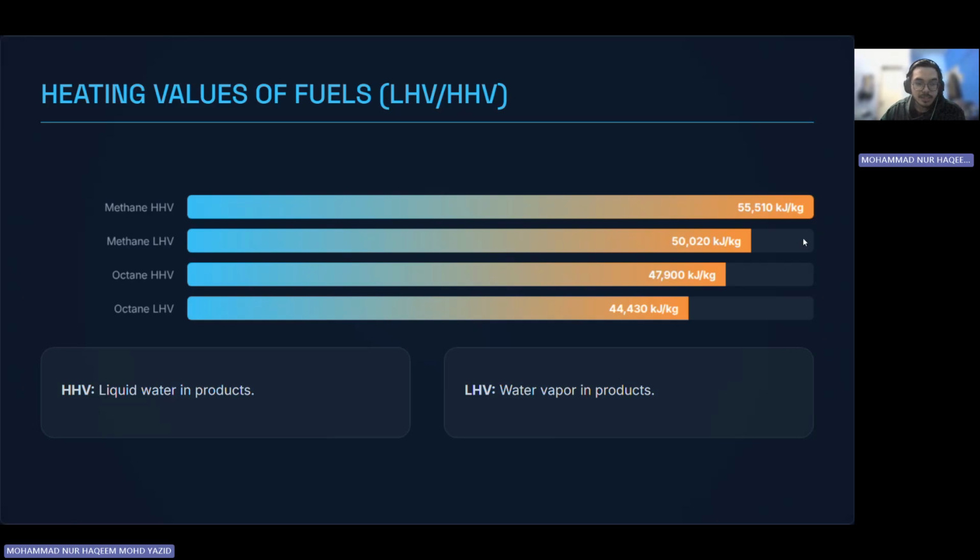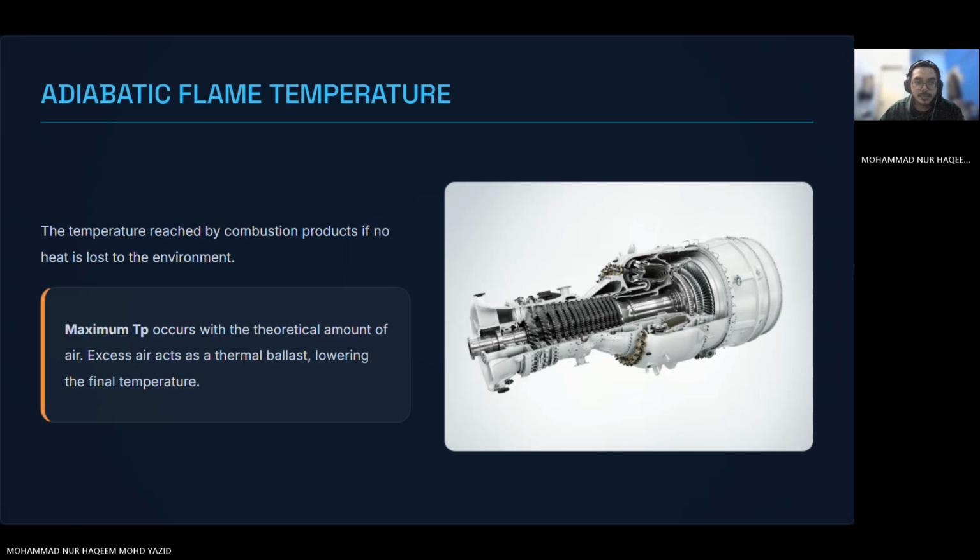The HHV has liquid water in the products, while the LHV has water vapor in the products. The adiabatic flame temperature is the temperature reached by combustion products if no heat is lost to the environment. The maximum temperature occurs with the theoretical amount of air. Excess air acts as a thermal ballast, lowering the final temperature.